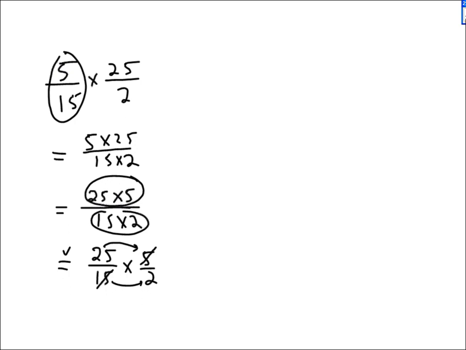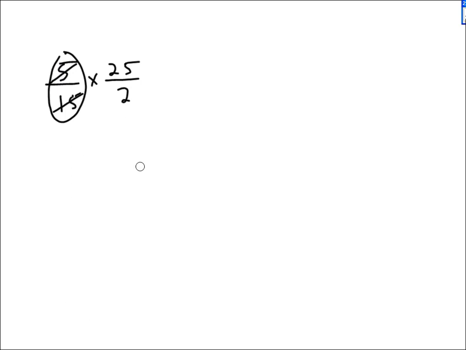Well, the point I'm trying to make is you can reduce even if they're underneath one another. Any top number, any bottom number, you can reduce. They don't have to be on different fractions. 5 goes into the top number 5 times, and into the bottom number 3 times.